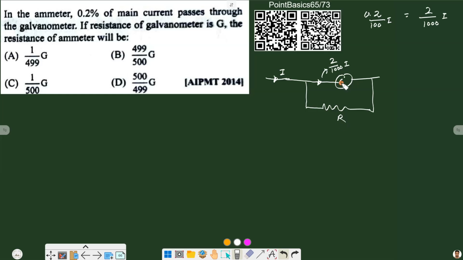Now we know that as the galvanometer and this resistance are both in parallel, the voltage drop across both of them should be equal.